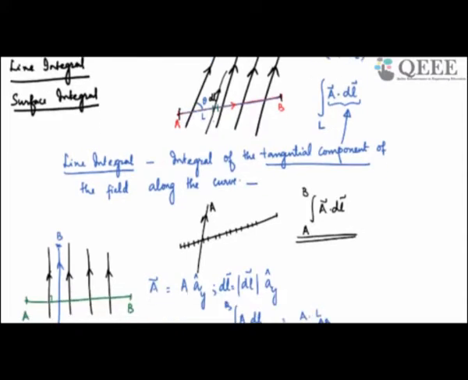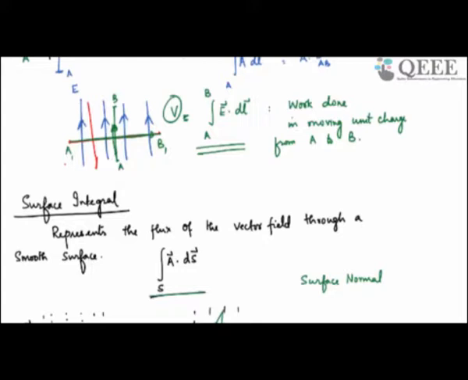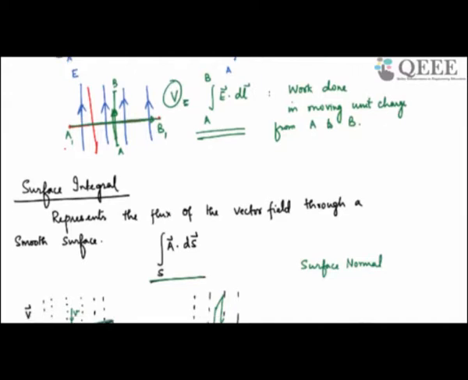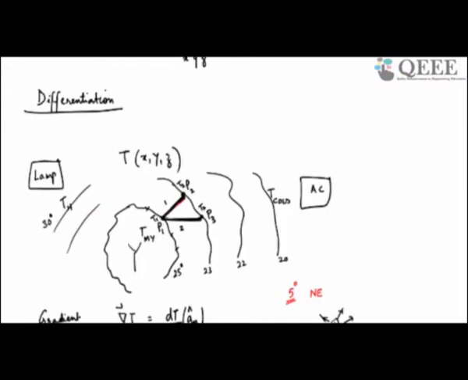If that line is continuous or a loop, then you call it a loop integral. The surface integral represents the flux of the vector field, the effect of how much vector field is crossing the surface. If that surface is a closed surface, we say it's a closed surface integral. So that was about integration.